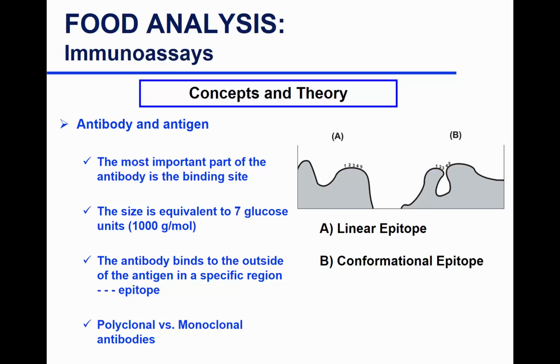Monoclonal antibodies means you have antibodies that are all the same. All of the antibodies will react with one same epitope. That's what monoclonal is, and the way it's produced is because of a discovery where they were able to fuse a single B cell, with the same characteristics, to cancerous cells.